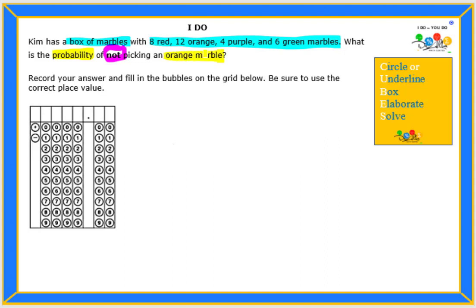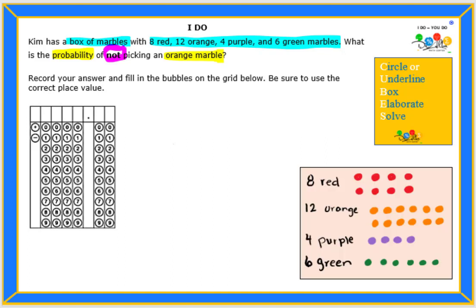So the first thing I would like to do is draw a picture of the marbles. Now that we have a picture of our marbles, we can see it more clearly, and we also want to find our total. So 8 red plus 12 orange is 20, and then 4 and 6, that's another 10.